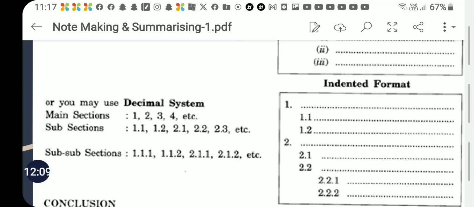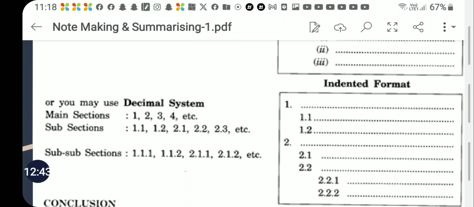And during your board exams also, it is viable to use this system, right? Because you'll be giving the main heading in 1 and in 2, and then you would be dividing your main heading into subsections, that is 1.1, 1.2, 1.3, 1.4, 1.5, and then whatever you have written in the second part, the main heading should be divided into subparts, and subparts should relate to the main heading, right?